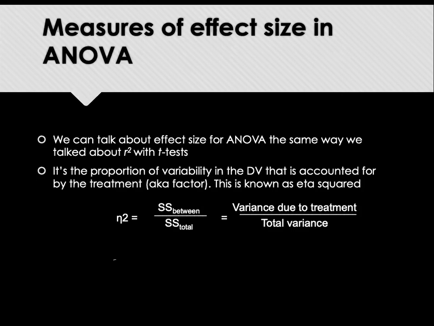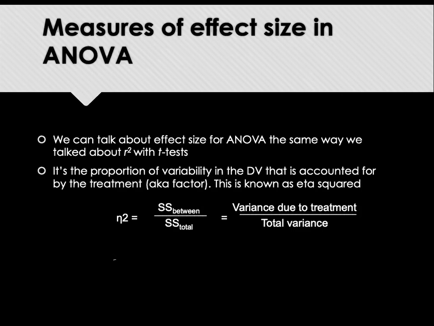And R squared was one measure of effect size with t-testing, and R squared told us what proportion of variability in the dependent variable was accounted for by the treatment, or independent variable.